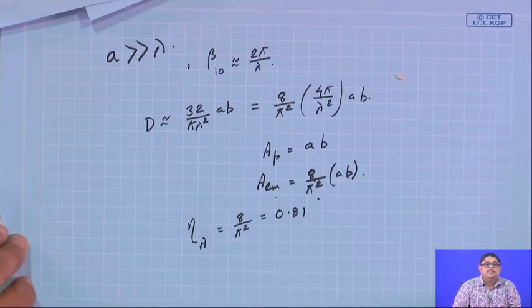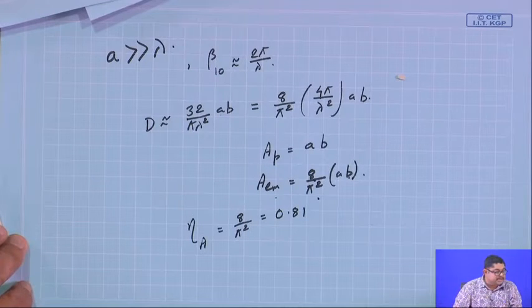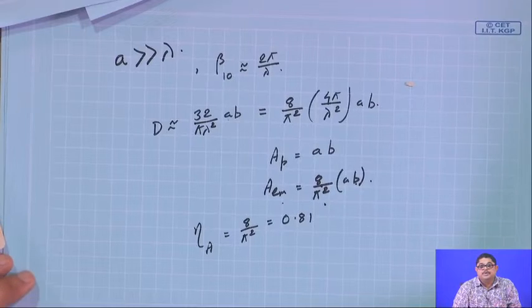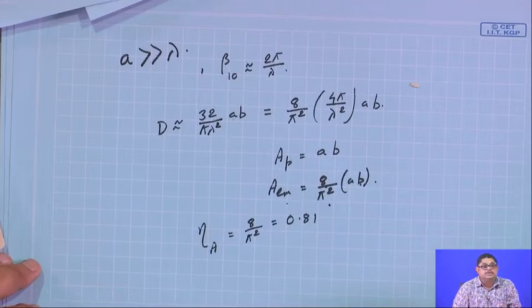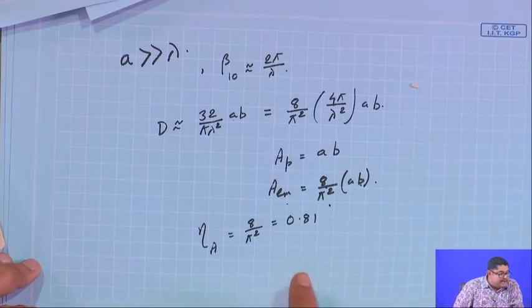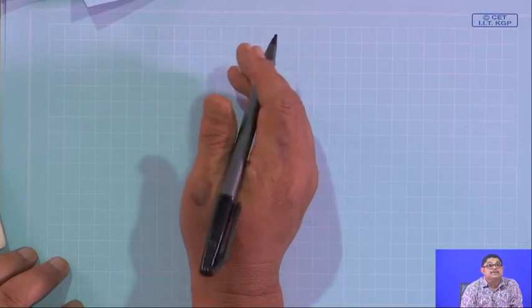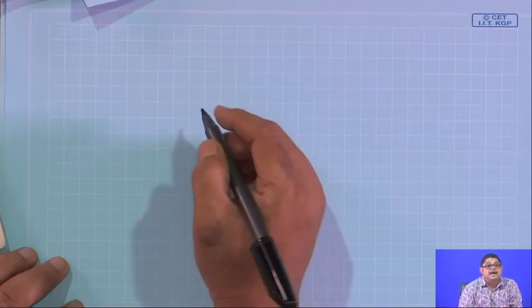Now, please remember that if we do not have the ground plane, then also we can analyze this open-ended waveguide or any antenna. Only there we will not have the help, because here we are having only magnetic current. There we will have to consider both the magnetic current and the electric current.